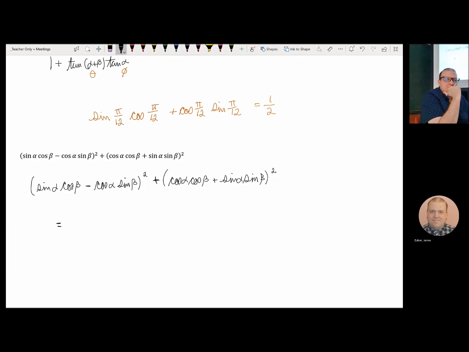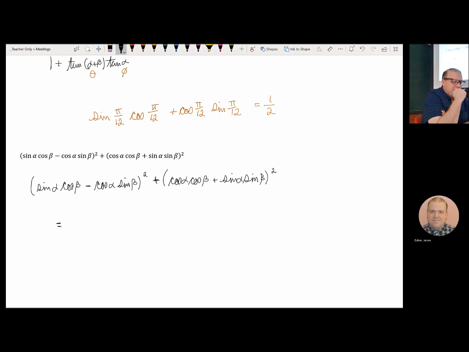Yeah, but you have identities for this. We're going to get this back into something with alpha plus beta in parentheses again, right?